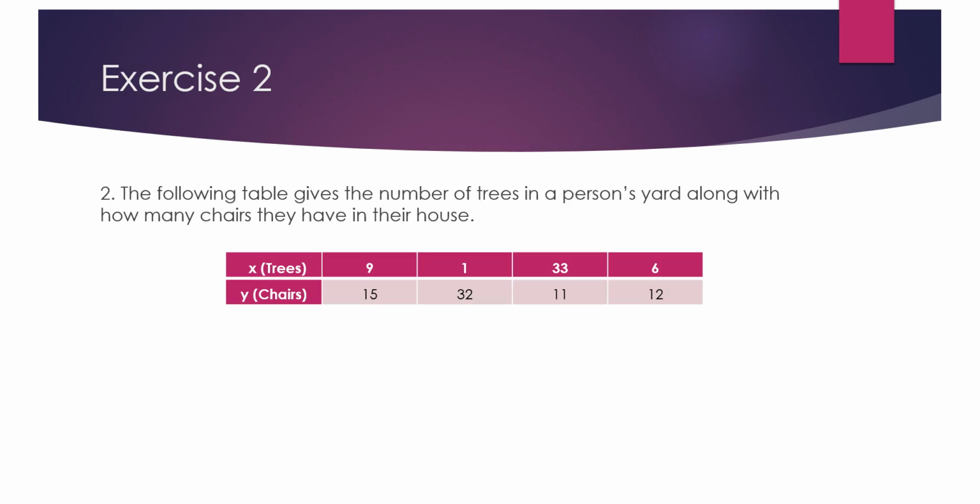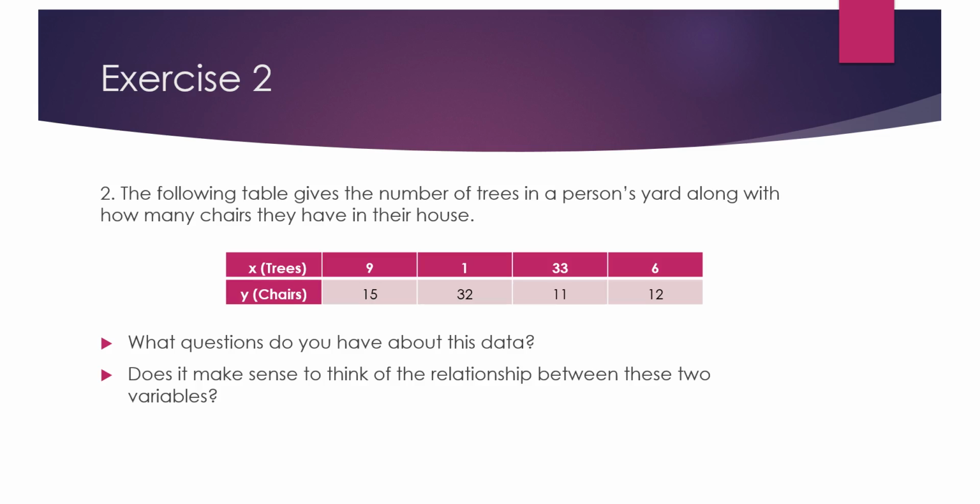The second example, this is the number of trees in a person's yard along with how many chairs they have in their house. So what questions do you have about this data? So just before I say what I would think about it, just think in general about a person in a house and their yard.